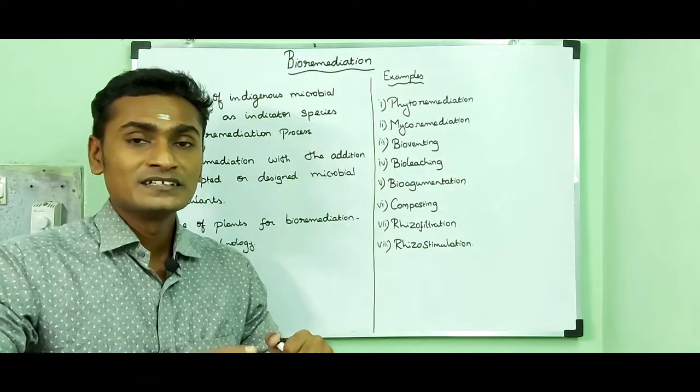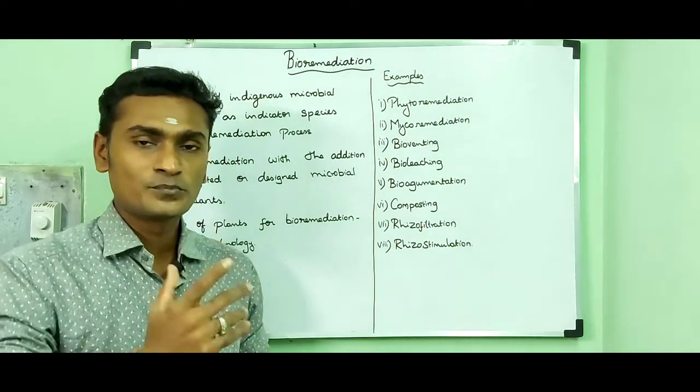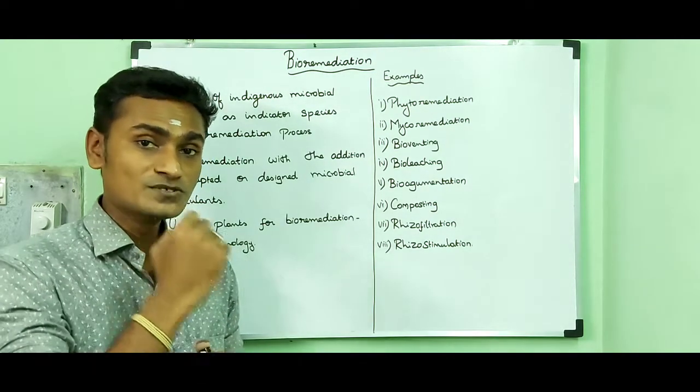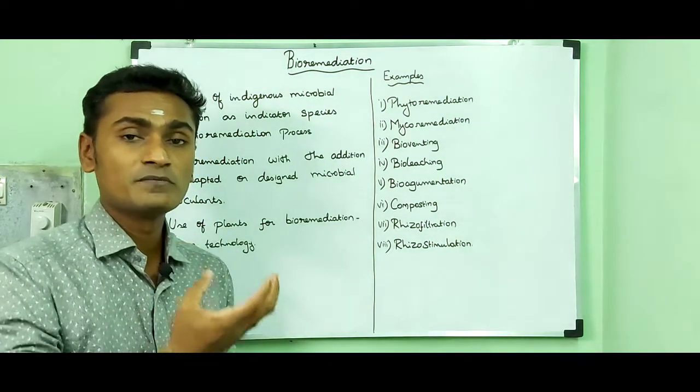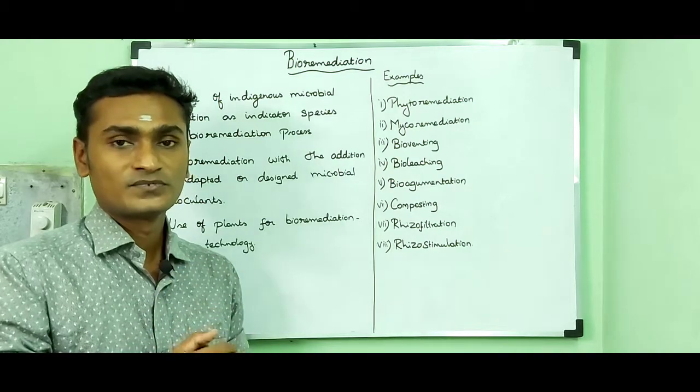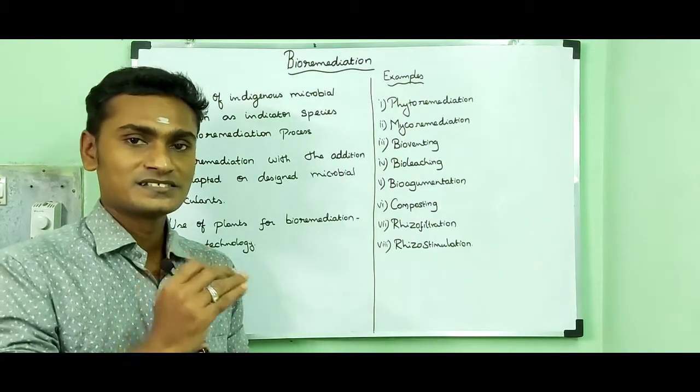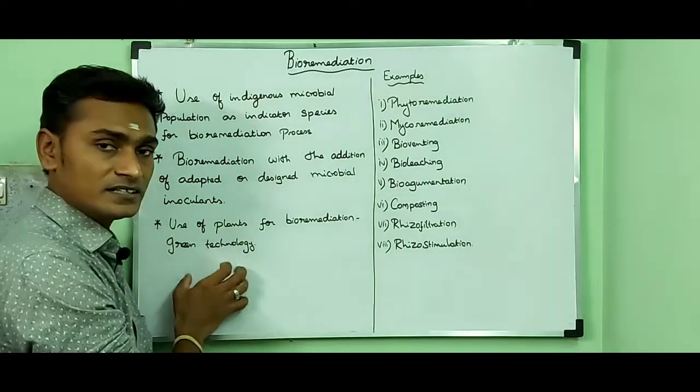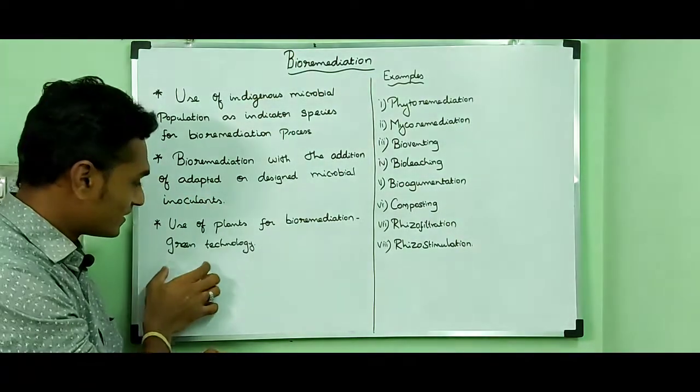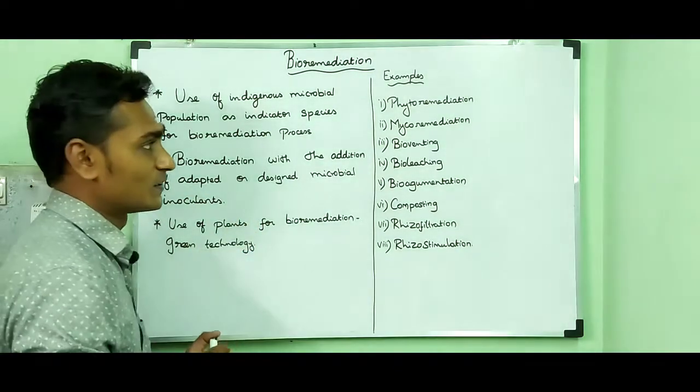So we can make that environment free from pollutants. We can use plants to remove heavy metals or pollutants from a contaminated site, and that is the third type, called green technology.